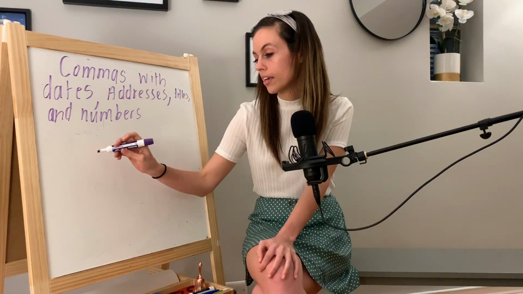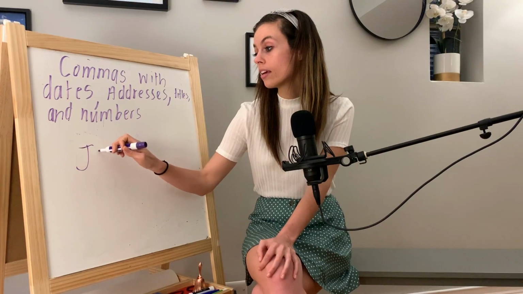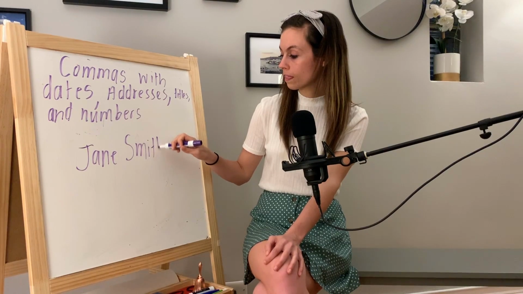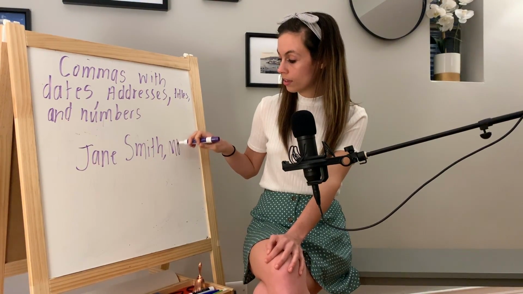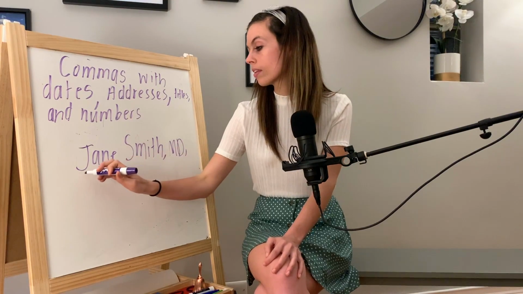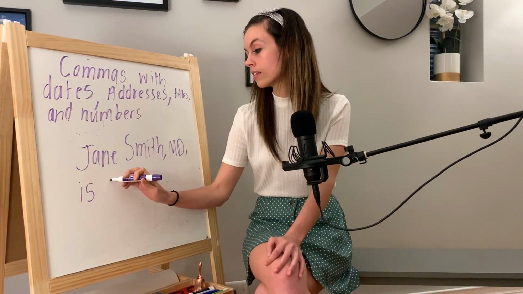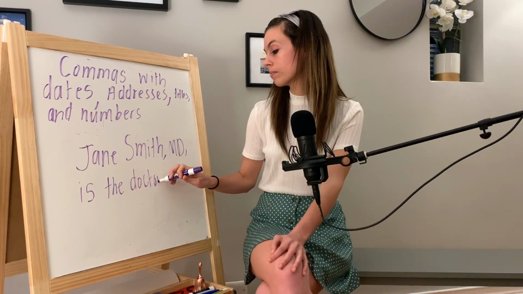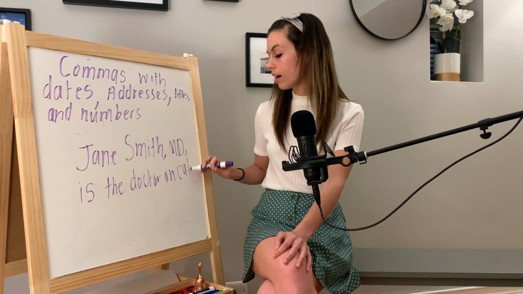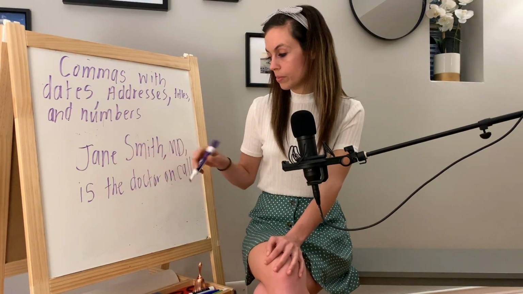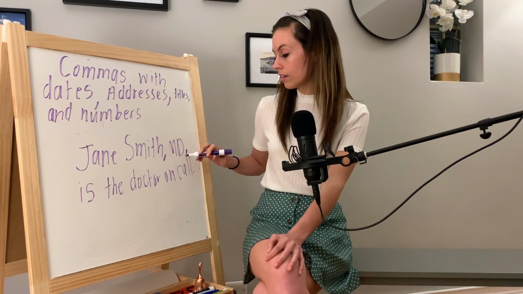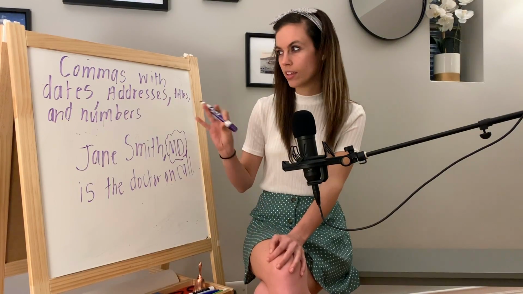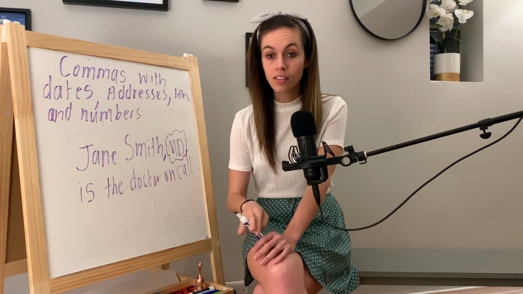So maybe you might say Jane Smith, comma, MD, comma, is the doctor on call. Okay, so Jane Smith, I'm putting commas to show her title that she is an MD. Okay, and it's kind of like those positives.